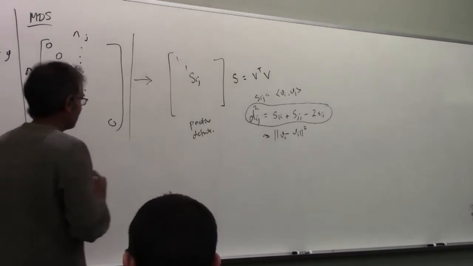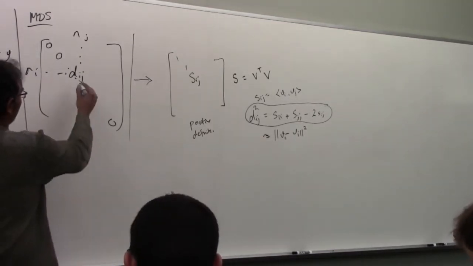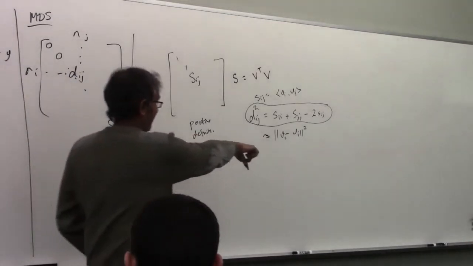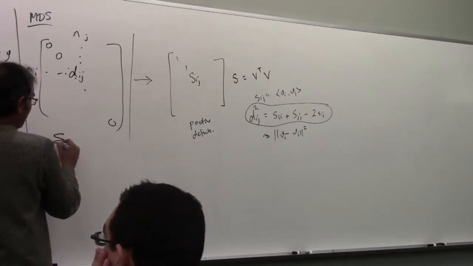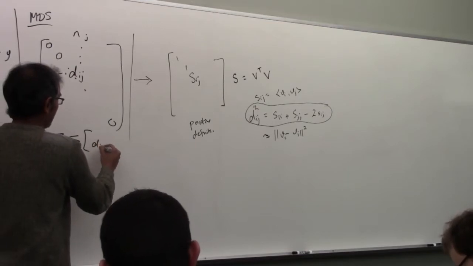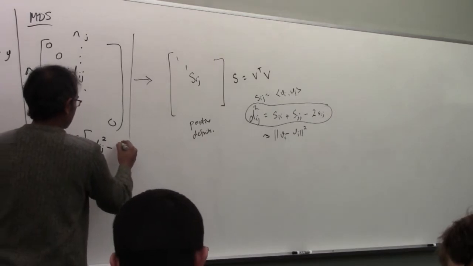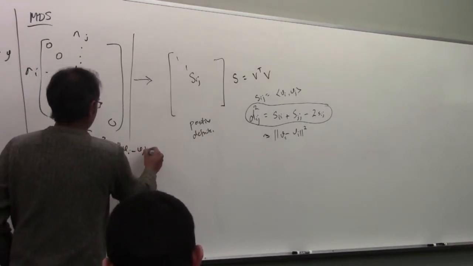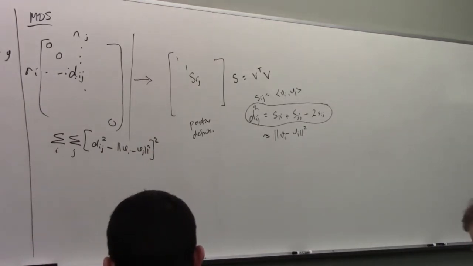I should have said that first, actually. What I want to do is say, okay, I have the dij's, and I have the distance, vi minus vj whole squared. What I want to minimize is this quantity. So sum over i, sum over j, dij squared minus, I want to minimize the squared difference between the square distances. Actually, no, sorry, I made a mistake here. You don't need the squares.